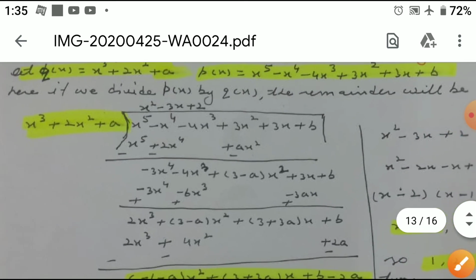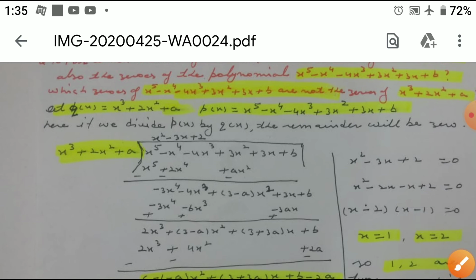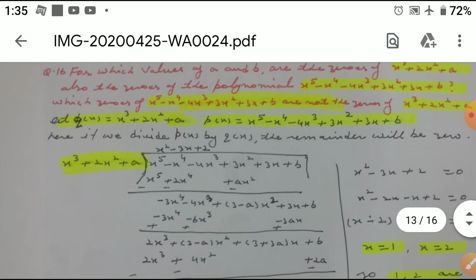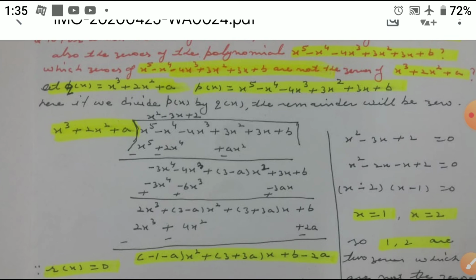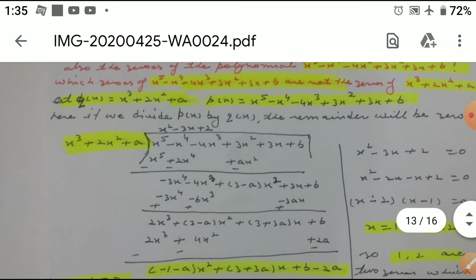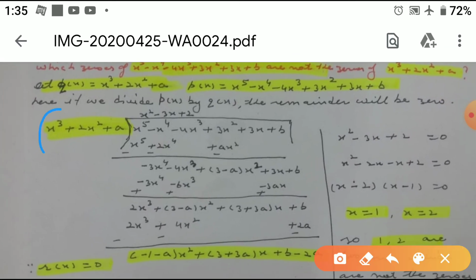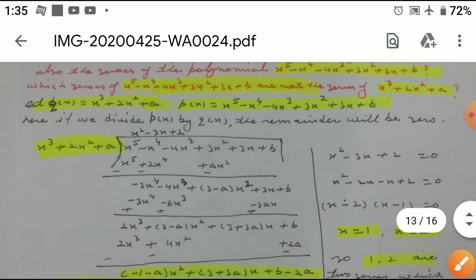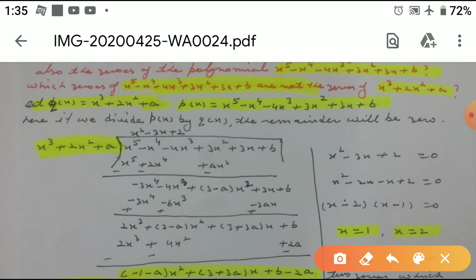Clear? Now we have to multiply this x cube with 2, we get 2x cube, right? Now 2 with 2x square, so when you multiply 2 with 2x square, we get 4x square, and when you multiply 2 with a we get 2a.